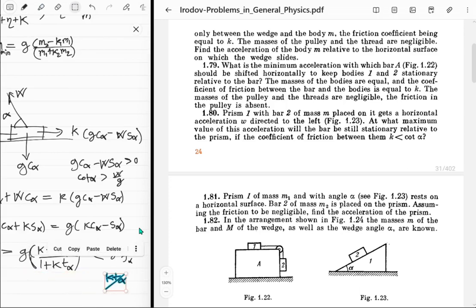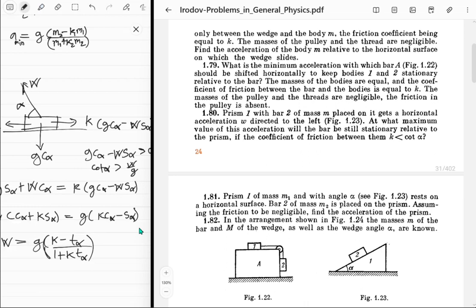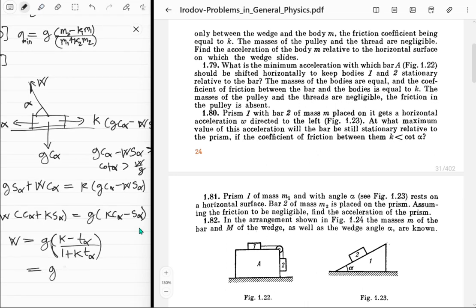Okay, this is cool and all. How do we use the fact that k is less than cot alpha? So that would be like 1 upon k. No, I don't want to use 1 upon k over there. Okay, what would happen if I did use 1 upon k right there?